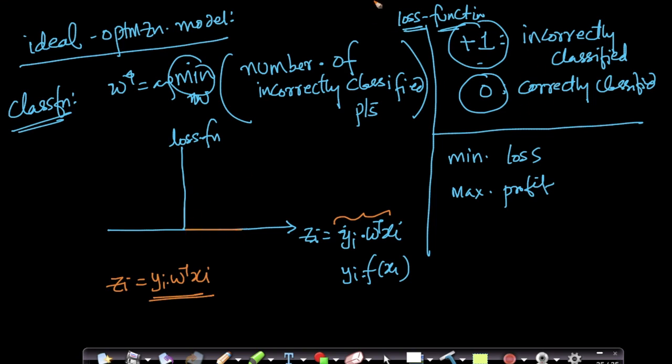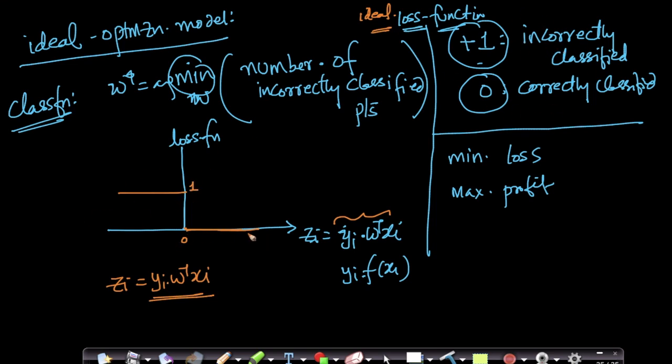This is Zi equals 0. So whenever Zi is positive, the loss should be 0. And whenever Zi is negative, which means in this region, your loss function should be 1. That's what we defined our ideal loss function to be.